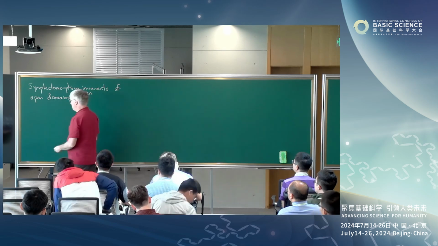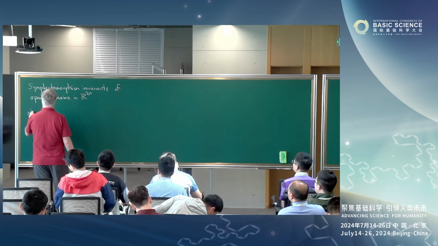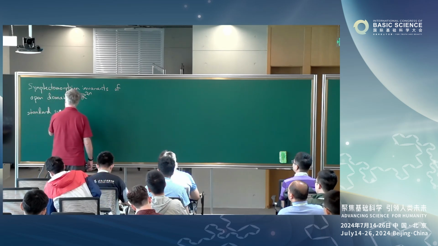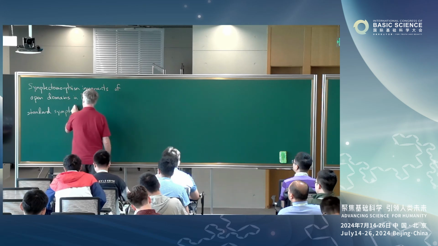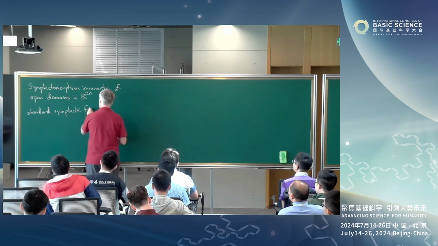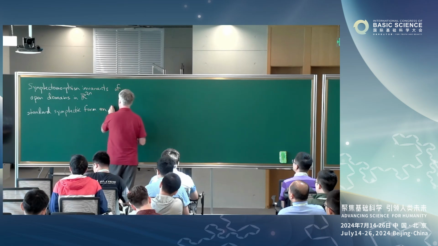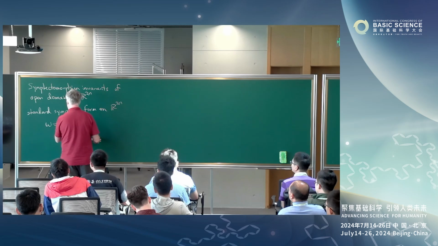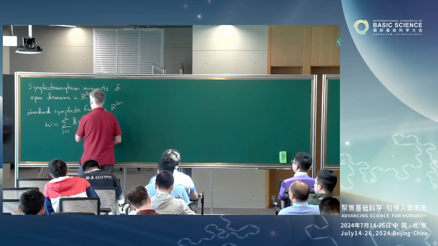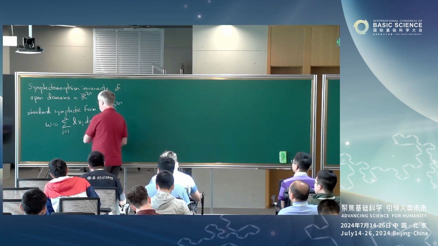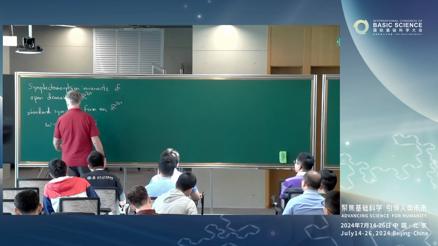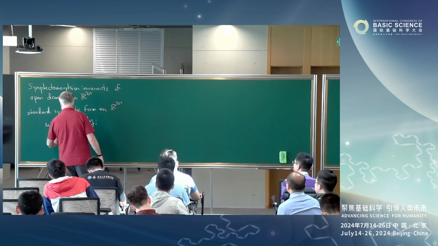So in R2n, we have the standard symplectic form, omega equals the sum from i equals 1 to n of dxi wedge dyi. And then suppose I have two open sets, U and V.